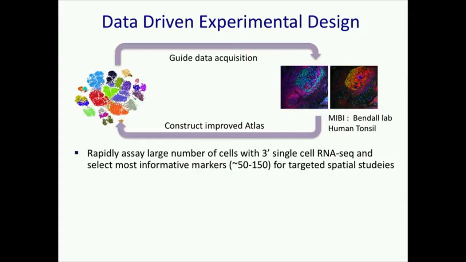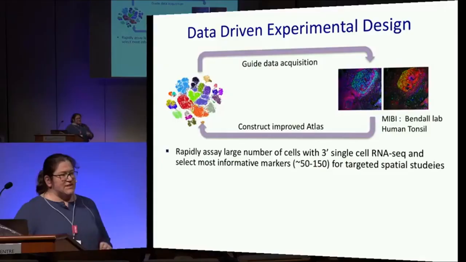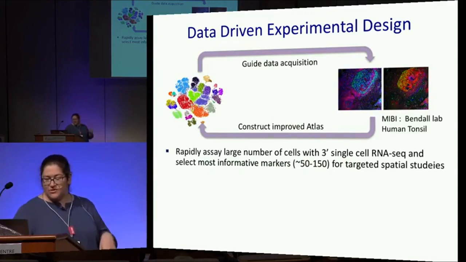And this really brings us to the fact that we, as computational scientists, I'm almost done, are going to have to map these things inside and iteratively decide the experiments. We're going to have to decide what are the best markers to map in the spatial resolution, because right now it is limited to 50, 100, 300 markers.